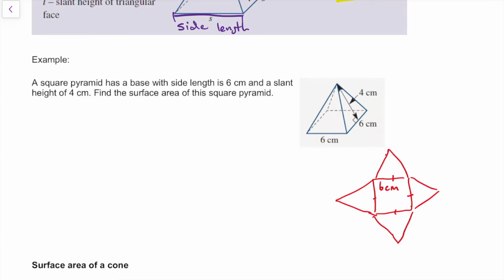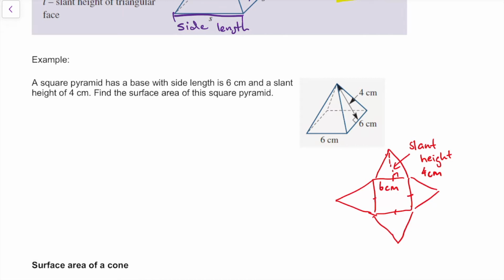And the slant height, which is the perpendicular height of the triangle, is 4 centimeters. These are the bits of information that we need to successfully answer this question.